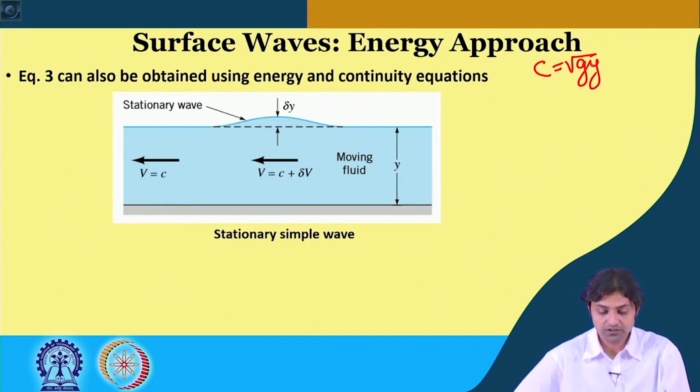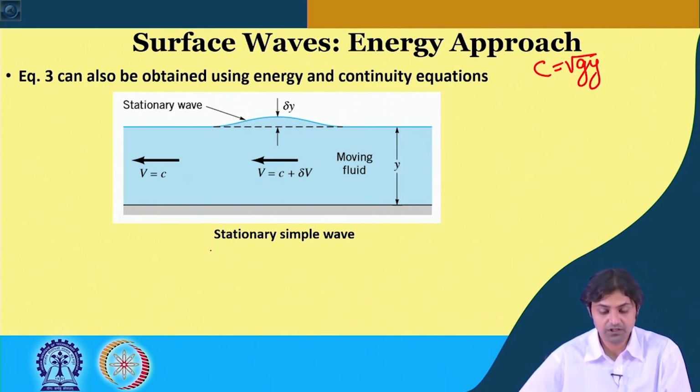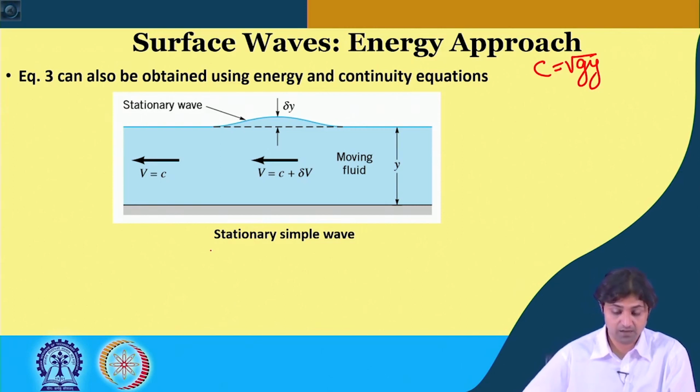So, you see this simple stationary wave. Okay. When the observer is moving with the wave, to him this wave is moving with the same wave speed. So, this wave will appear to be stationary to the observer, other things are same.